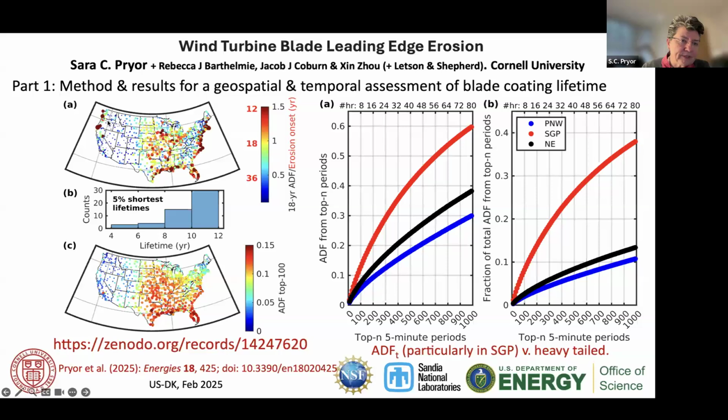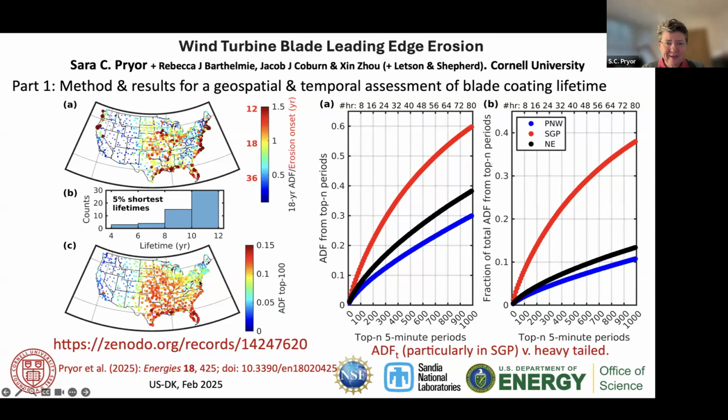For our erosive areas, the Pacific Northwest, you can see those top 100 events contribute only about 4% to the total accumulated distance to failure. So not especially heavy-tailed. In the Southern Great Plains, you can see it's up to 15%. So we're starting to see this damage being focused on a few time periods. And the Northeast here, it's sort of in between those two.